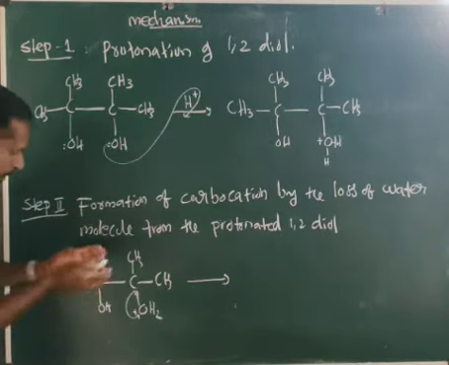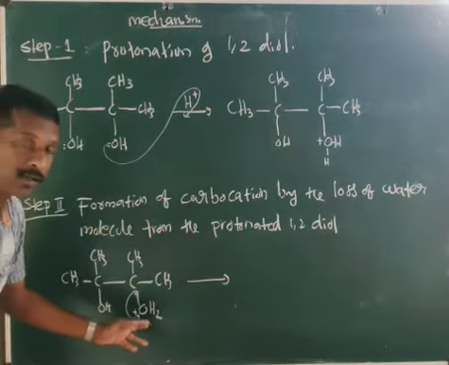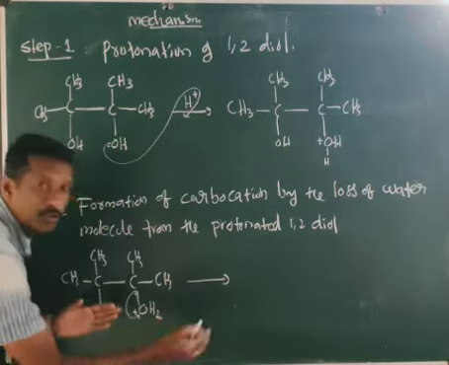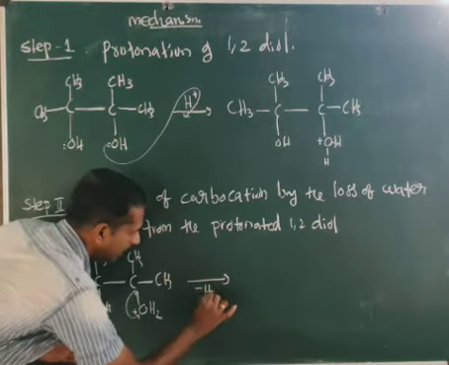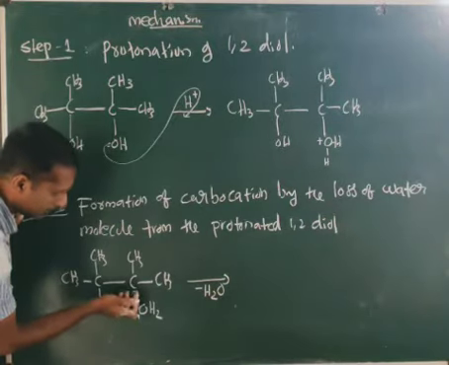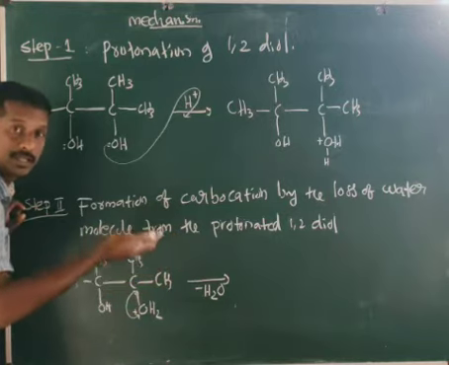That means the oxygen is getting back a pair of electrons and it changes into the form of H2O. So there is no more positive charge. Since these two electrons are moving to oxygen, the positive charge is removed.